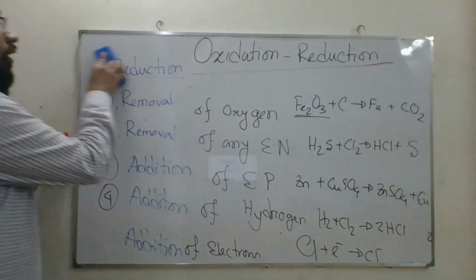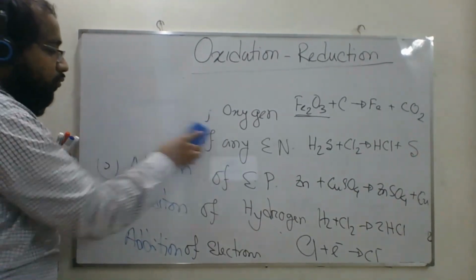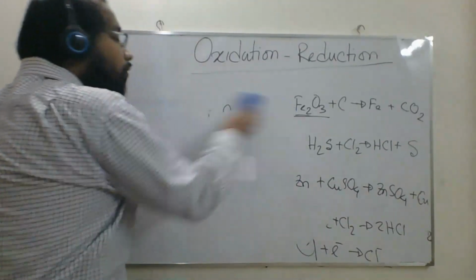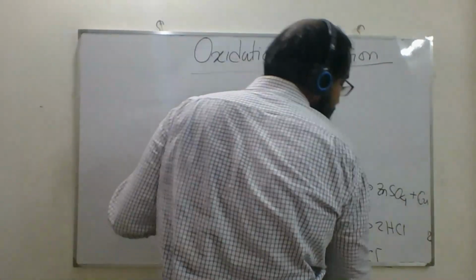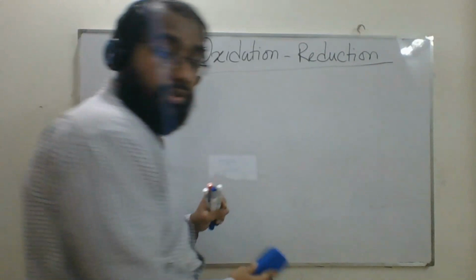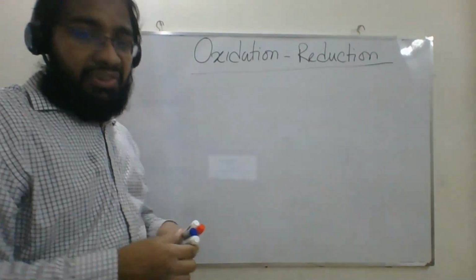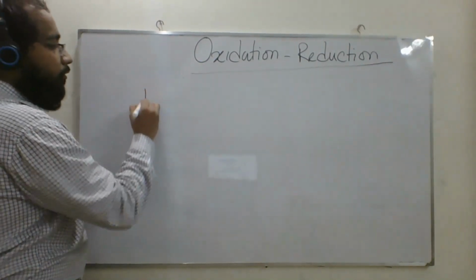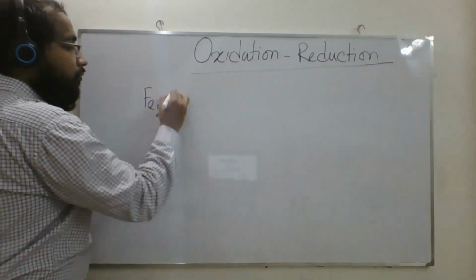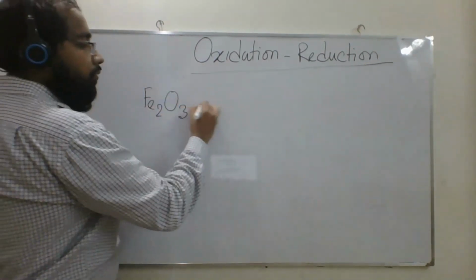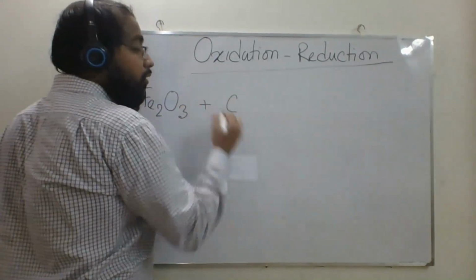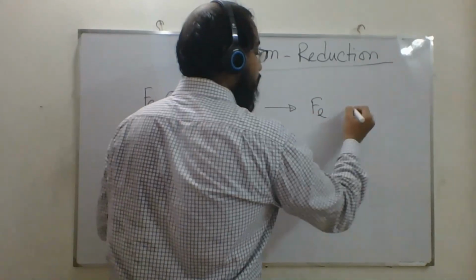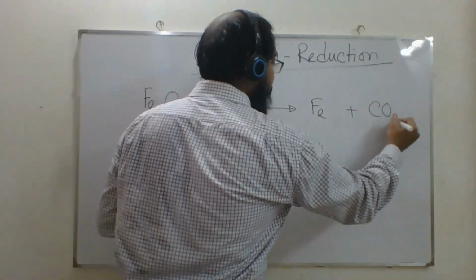Now, if we consider a reaction where oxidation and reduction are occurring, we say this is a redox reaction. Okay, so now if we consider this reaction: Fe2O3 plus carbon, then we get Fe plus carbon dioxide.